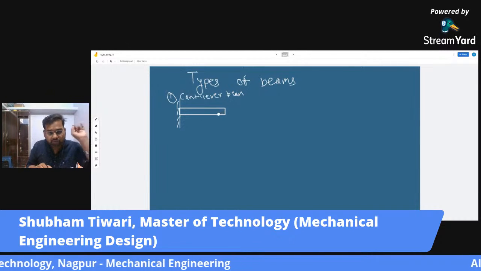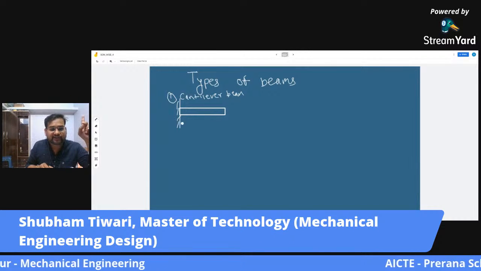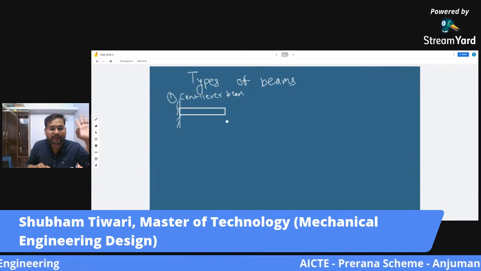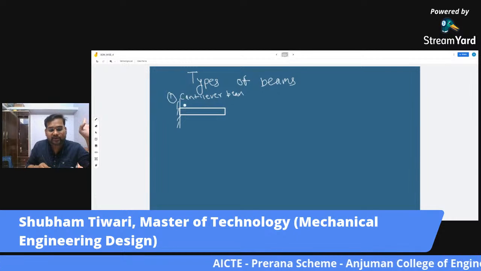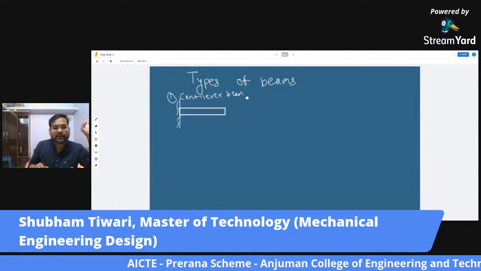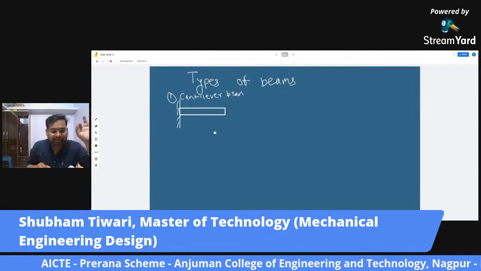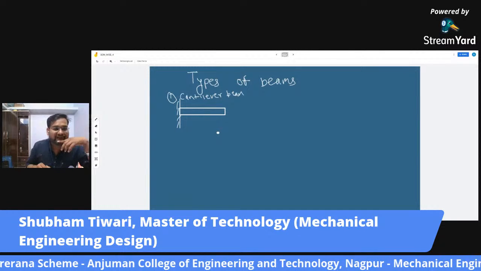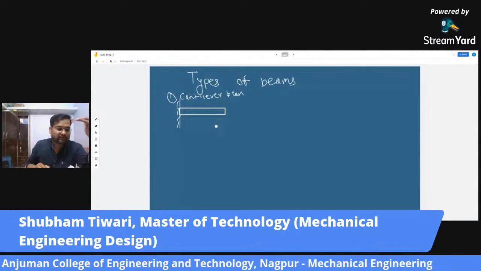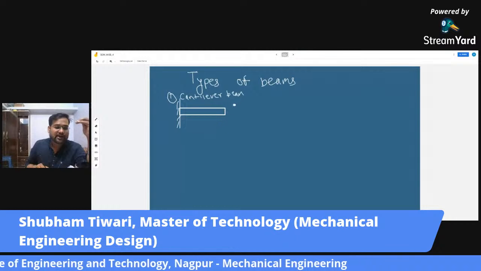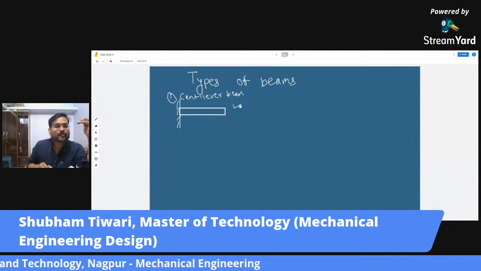Now for this beam, we have one end fixed. This is a fixed support, and the other end is free. This beam can be loaded in any way. You have seen this kind of beam in our buildings. The window panes that you see are kind of cantilever beams.